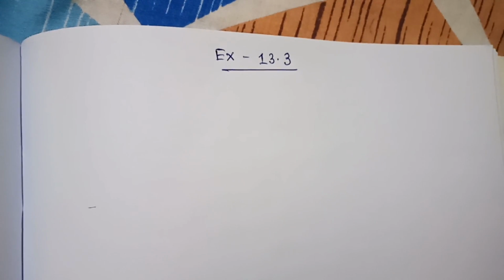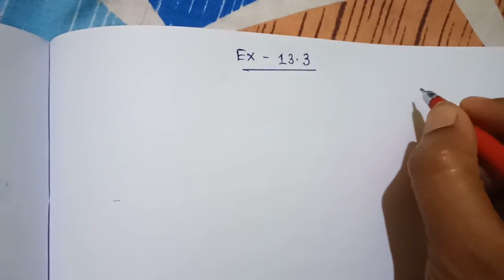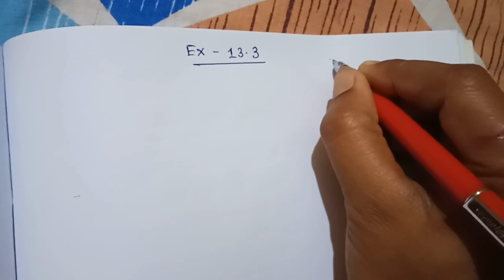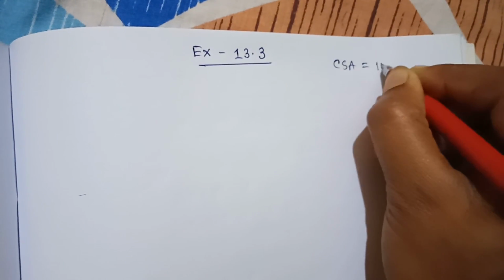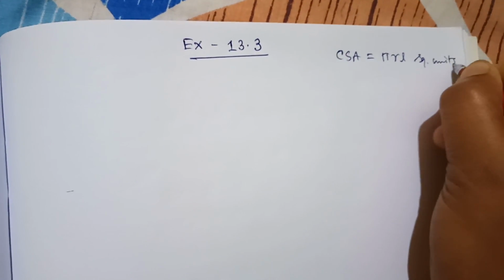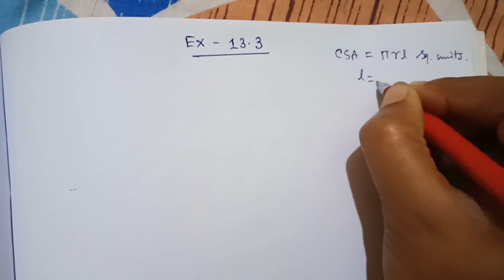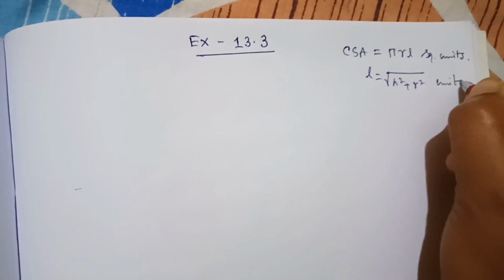But before starting the exercise, I would like to repeat the formulas once. CSA of a cone equals pi r L square units. L equals root over h square plus r square units.